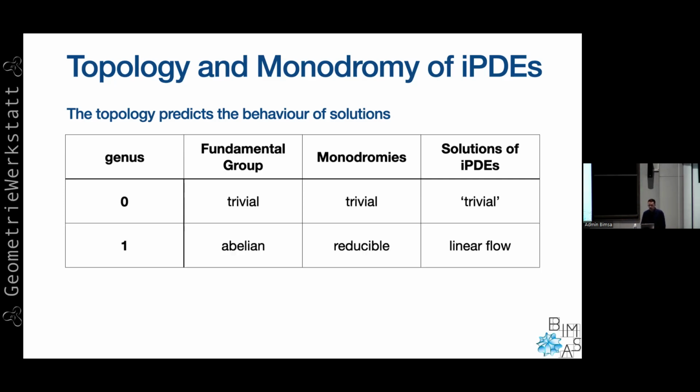In genus 1, it's more complicated. Not all of these solutions are trivial in that sense, somehow because the fundamental group is not trivial anymore, but at least it's abelian. And therefore the monodromies, which a priori might be non-abelian, are reducible, and the solutions can be linearized.